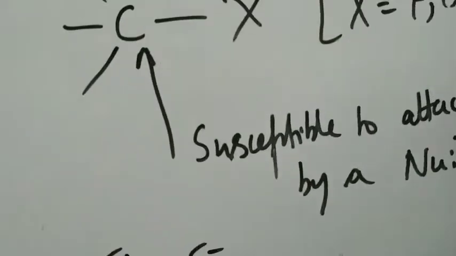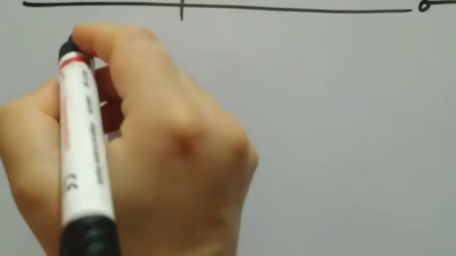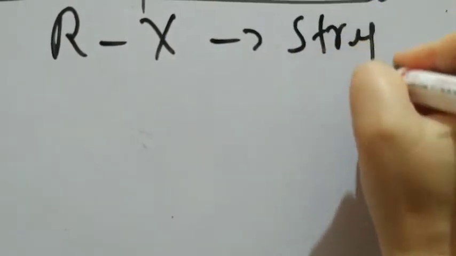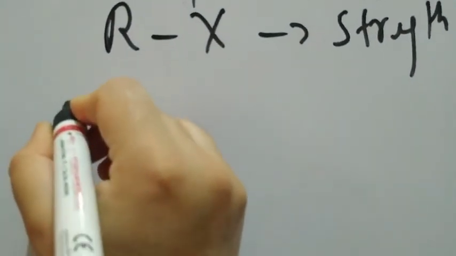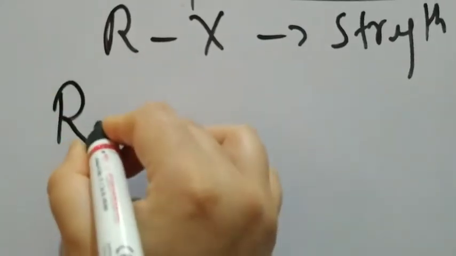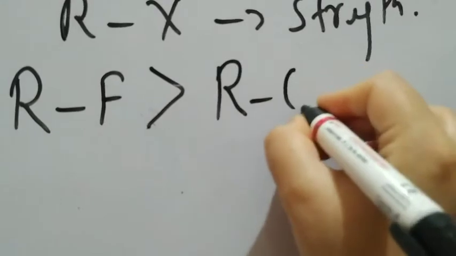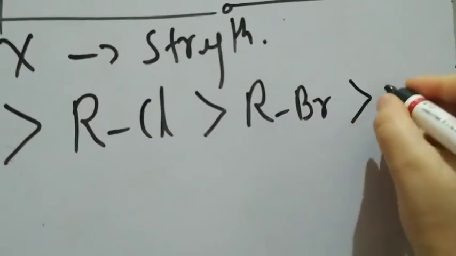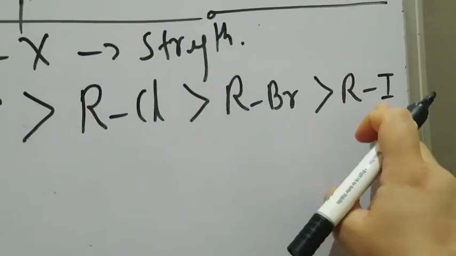Now, before we do the examples of which nucleophiles can replace X, it is very important to remember the strength of the R-X bond. I told you that the order of strength is RF is stronger than RCl, which is stronger than RBr, which is stronger than RI, because iodine has the largest size.